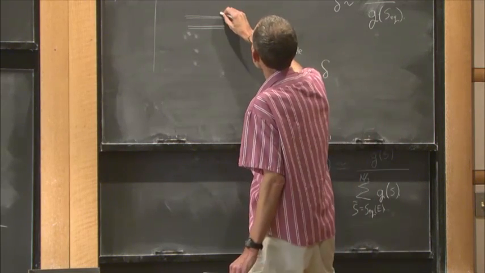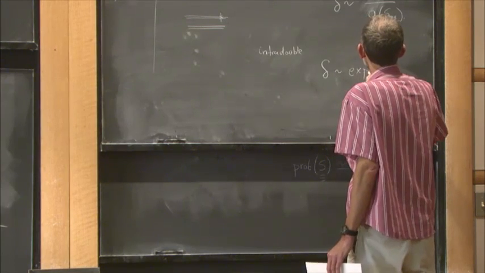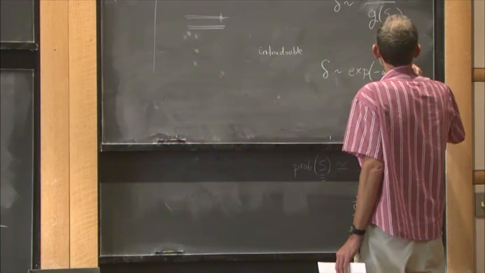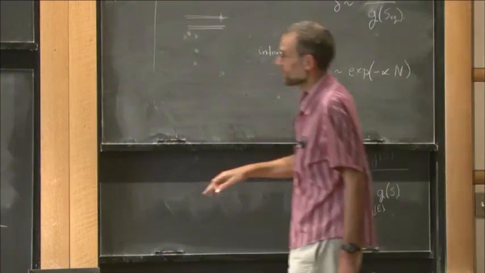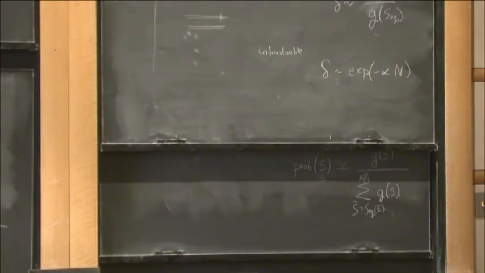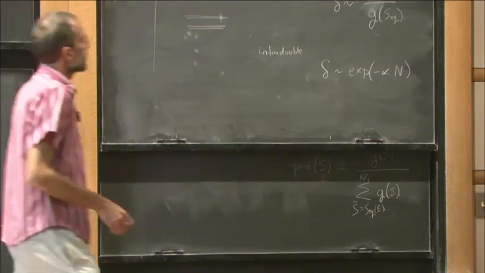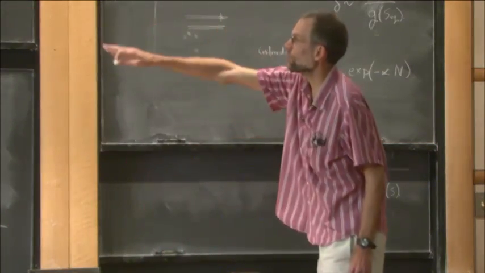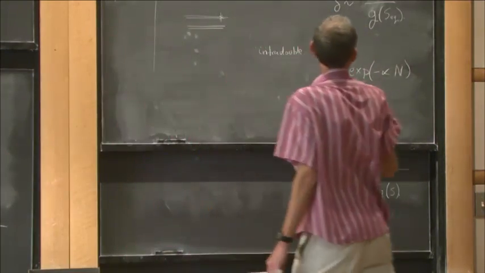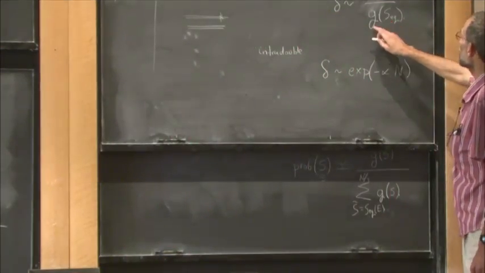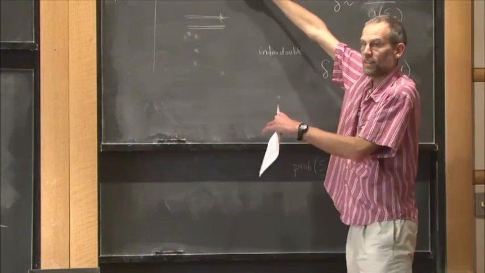delta. So this delta goes as exp minus alpha n, where this alpha is the rate for tunneling through the barrier. Okay? As you go to the ground state of this system, to 0 temperature, the entropy goes to 0, this degeneracy goes to 0, this level spacing gets big.